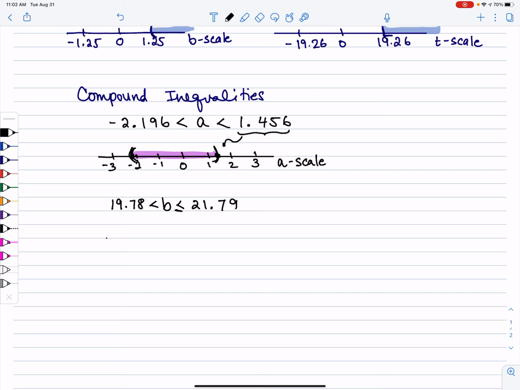So here we're going to start with the number line, the B scale, because the variable is B. We're going to add 0, but rather than adding it at the middle, we're going to put it at the end. So we'll put 0 somewhere there. 19.78, we're going to put it here.